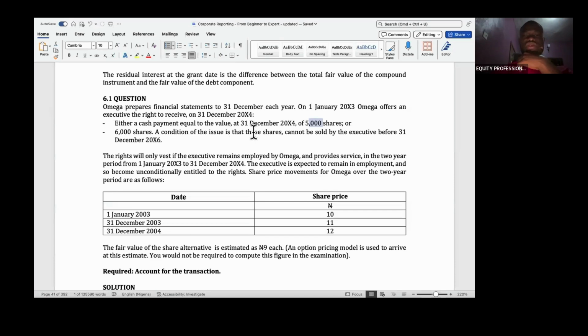A condition of the issue is that these shares cannot be sold by the executive before 31st December 2006. So this is what I'm saying.